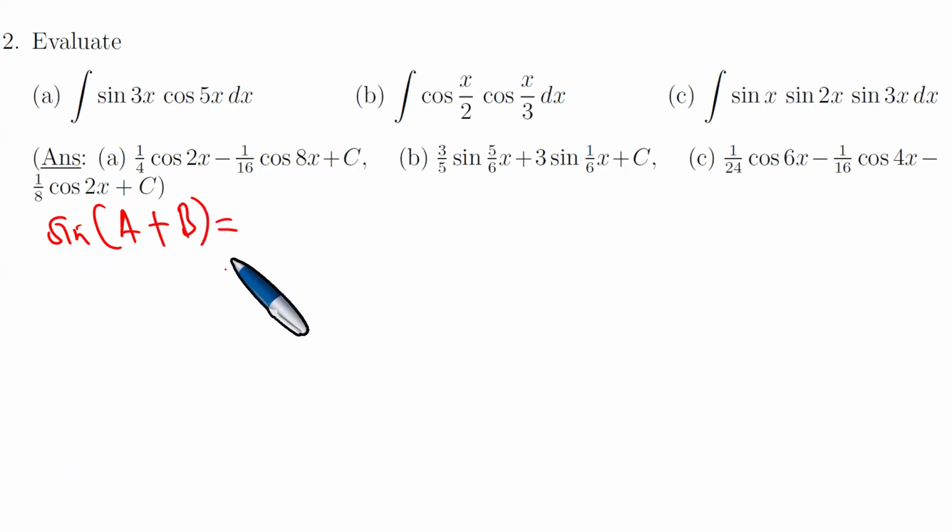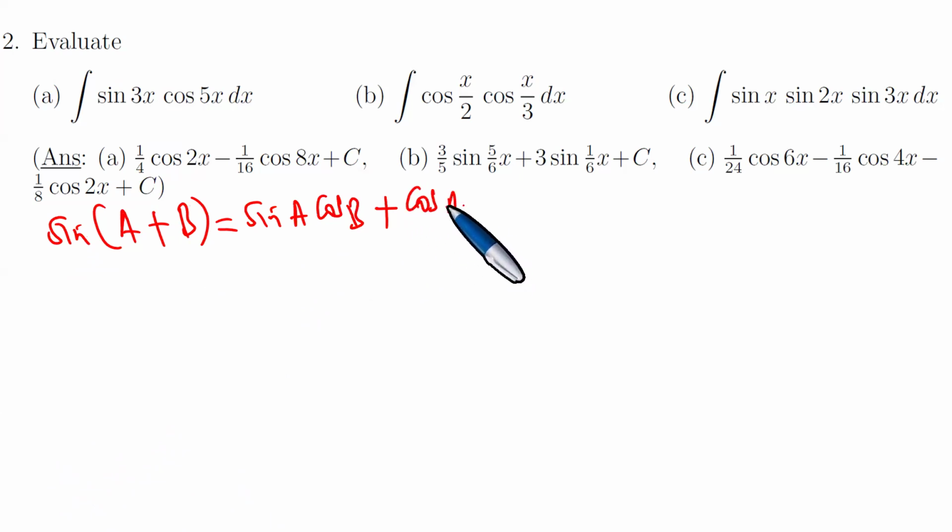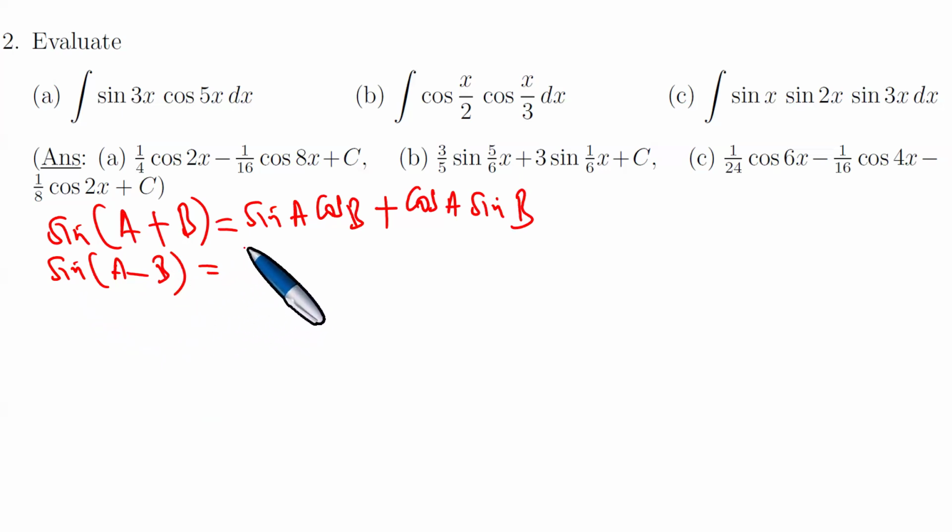The sine of a plus b is the sine of A cosine B plus cosine A sine B. And then you have the sine of A minus B, which is sine A cosine B minus cosine A sine B.